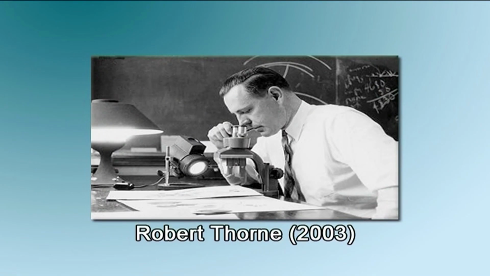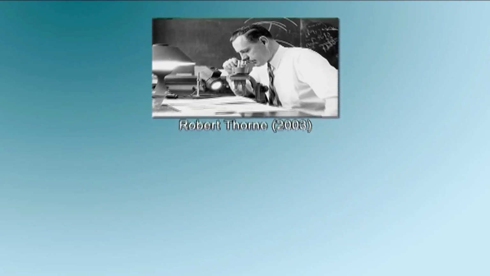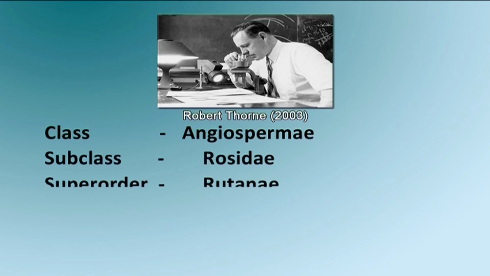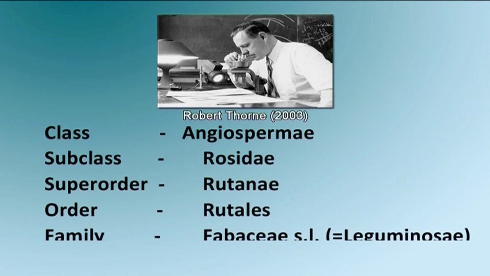Now the next classification system is that proposed by an American taxonomist, Robert Thorne, 2003. According to him, Fabaceae is placed in class Angiospermae, subclass Rosidae, superorder Rutanae, order Rutales, family Fabaceae sensu lato Leguminosae.